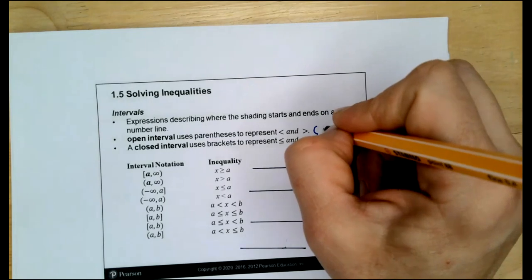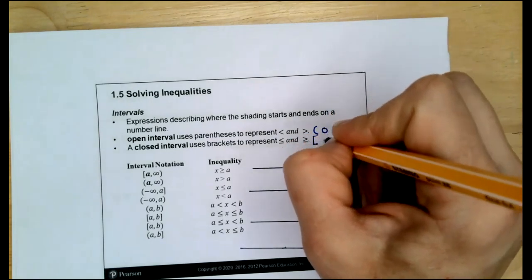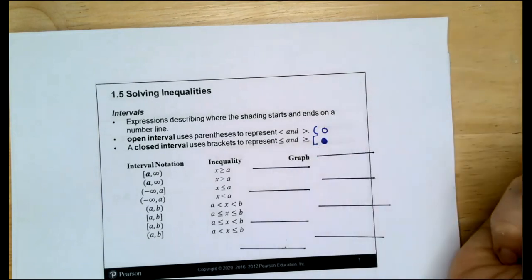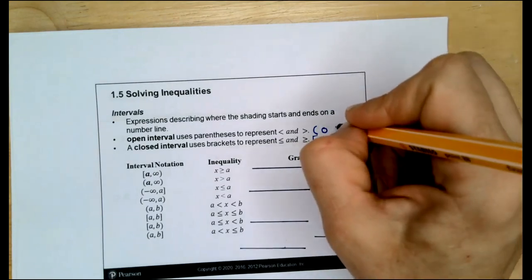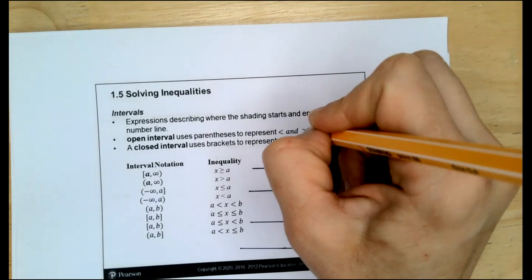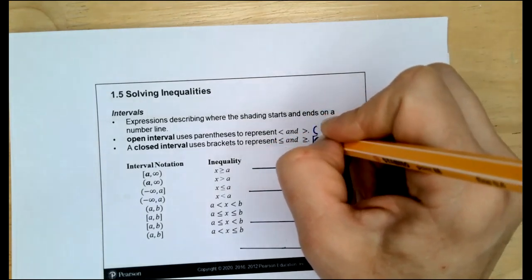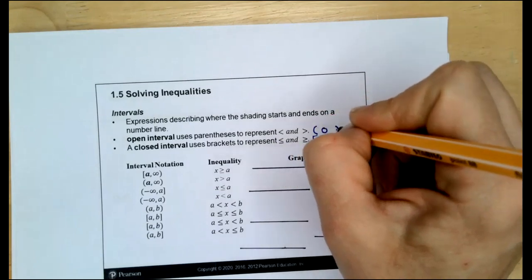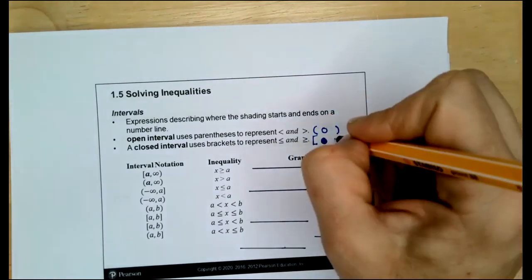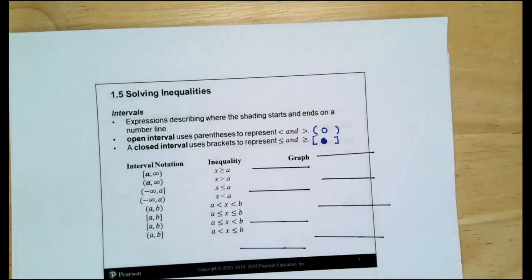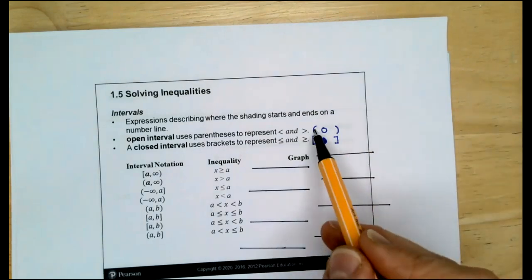You might also be familiar with an open circle for this one and a closed circle for this one. Same with the other direction. That's the greater than one, and that's the less than one. So closed interval uses a bracket and open interval uses parentheses.